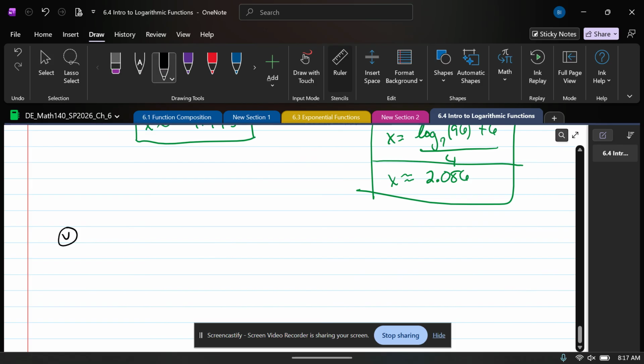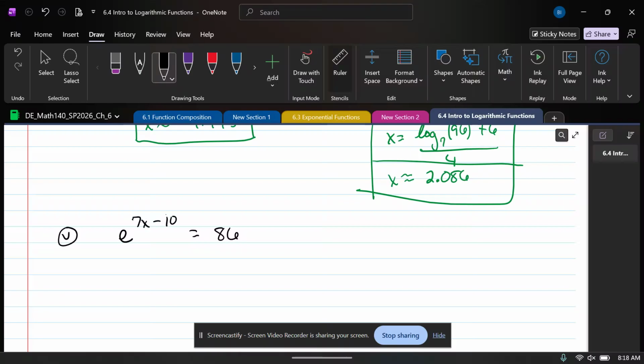Let's say we had e to the 7x minus 10 equals 86. Oh, just make it a number. So 86, can we rewrite that as e to a power? I have no capacity to even think about how to do that.